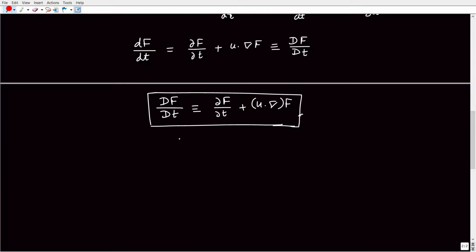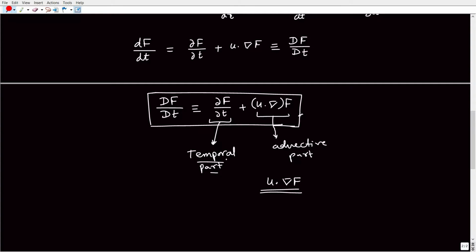If you see here, there is a flow field property f, and del f by del t is the temporal part of it, and this is the advective part, u dot del f.